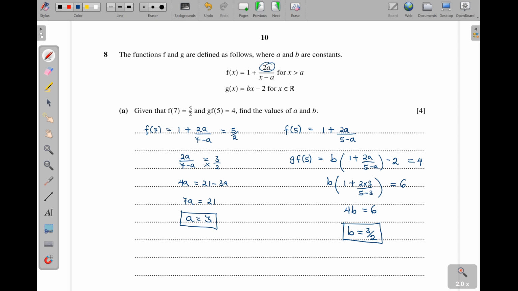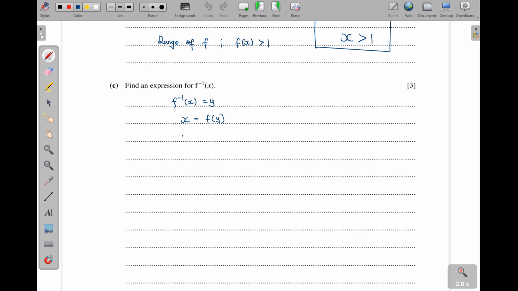Remember, our a is a 3, so I can have 2 times 3, that is a 6 there, and then y minus a. So I will say x is going to be equal to 1, then plus 2 times a, that is a 6, then over y minus 3.